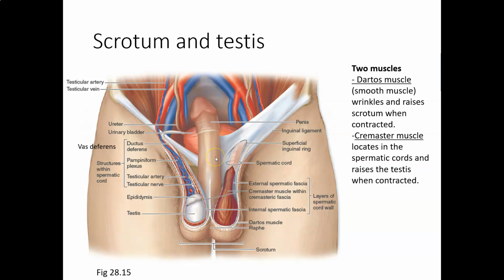And in this diagram, you can see the penis here too, right? But we'll focus especially on the scrotum, the testis and the spermatic cord, and those two muscles and their function.